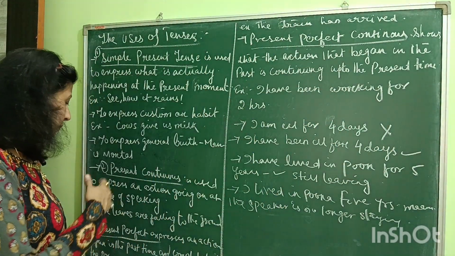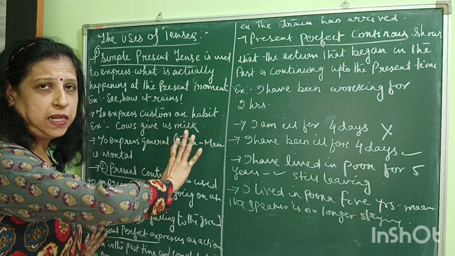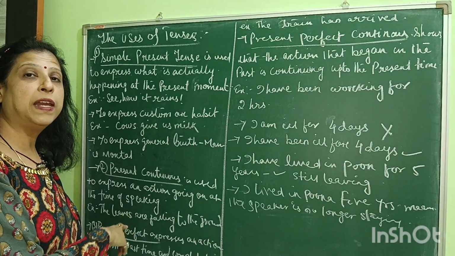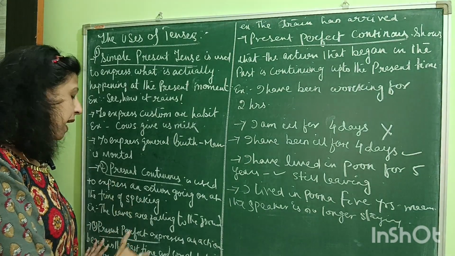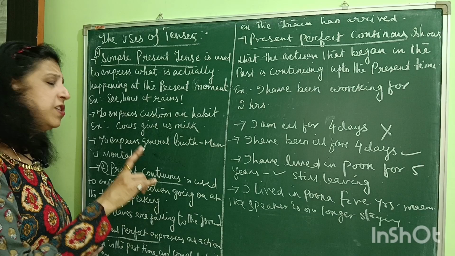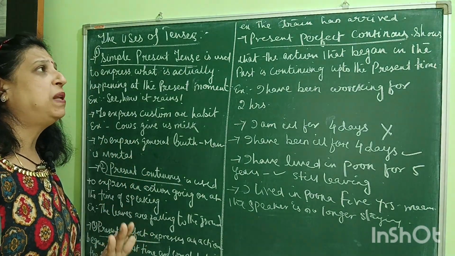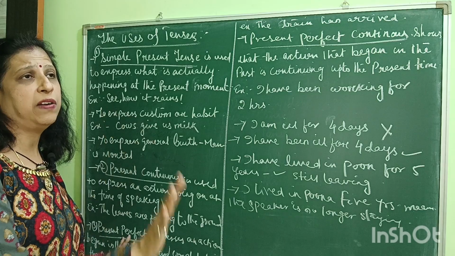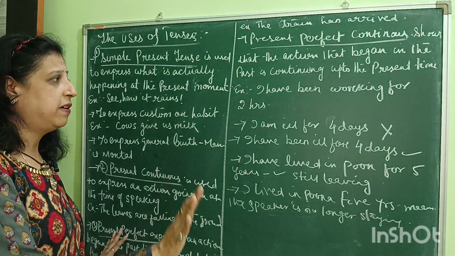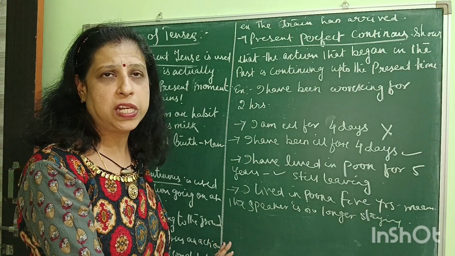But in present perfect, what is the difference? I'll just tell you. Present perfect tells us that the action has begun in the past and is already completed in the present. For example, if I say the train has arrived, it means that the train is standing in the station.